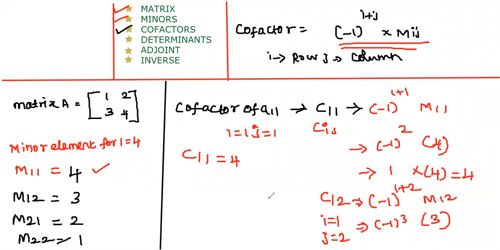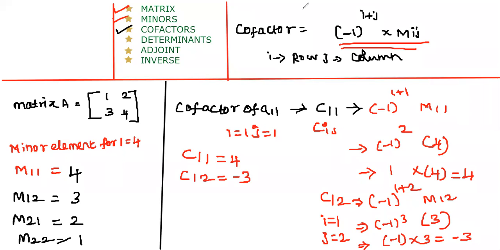We found M12 already, so I'm going to use it here. -1 whole power 3, the power is odd, so -1 cube means -1 into -1 into -1, which is -1 again. So -1 raised to 3 is -1, and if I multiply that by 3, it is going to be -3. So the value of C12 is -3.